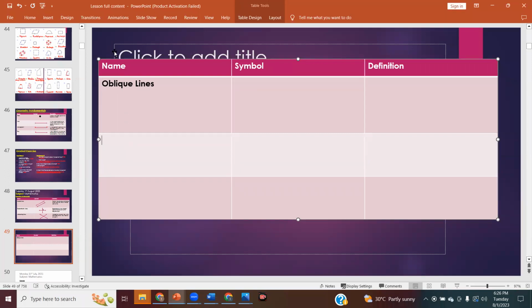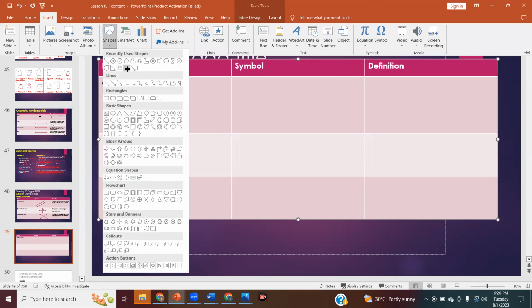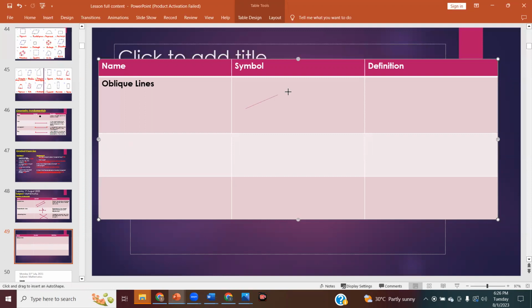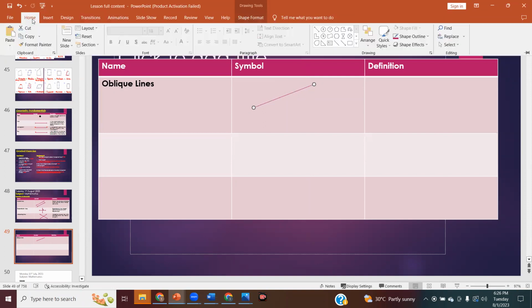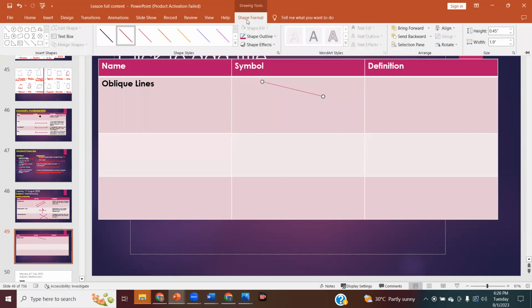All right, so oblique lines. What do we know about oblique lines? These are basically lines that are slanting. So let me do it in another direction. Let me do it this way so you won't get confused. So let's call this, let me thicken this.